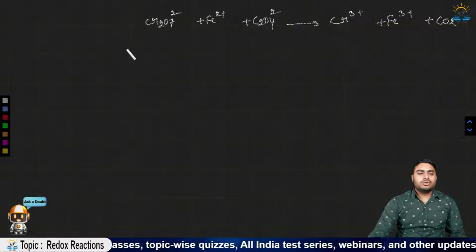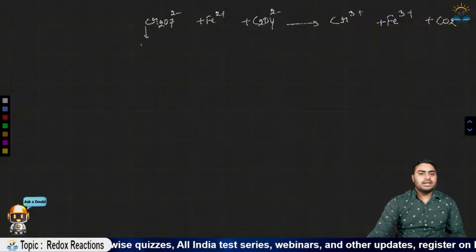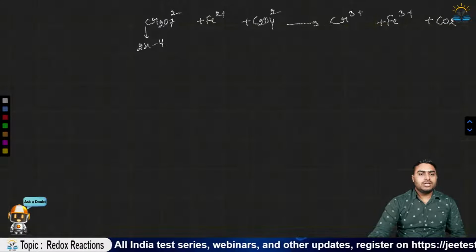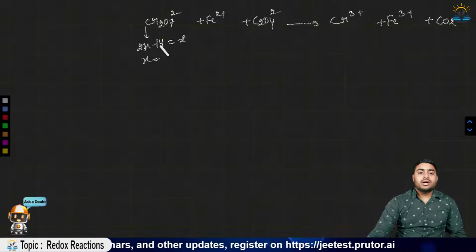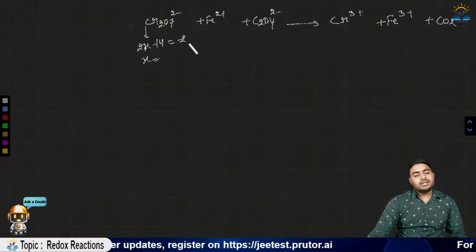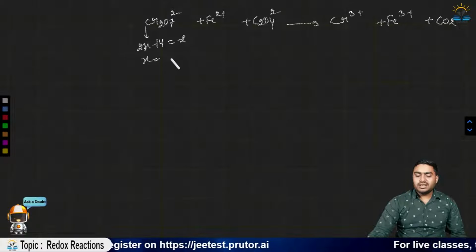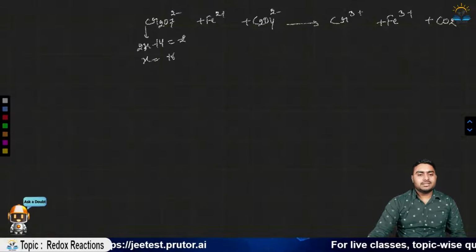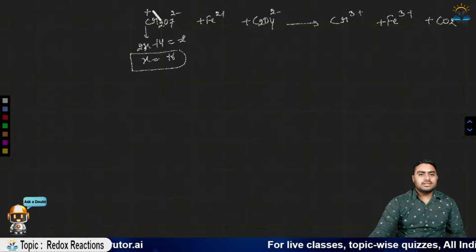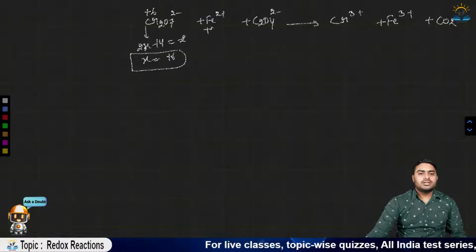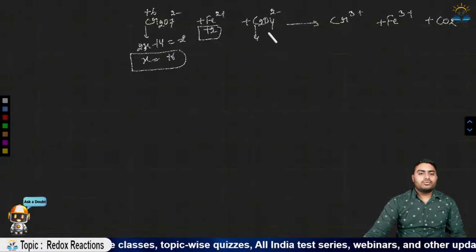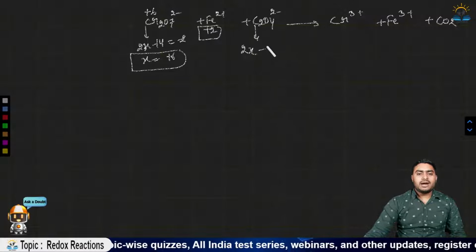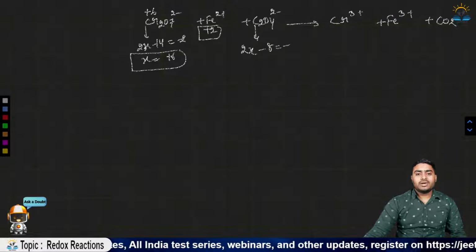Okay, you have to assign oxidation numbers. For Cr2O7 2 negative, you can write 2x minus 14 equal to minus 2. You will get 2x equal to plus 12, then x is plus 6. Okay, plus 6 is the oxidation number here. Fe is in the monoatomic form, so you can see plus 2. Again you can calculate for C2O4 2 negative: 2x minus 8 equal to minus 2.